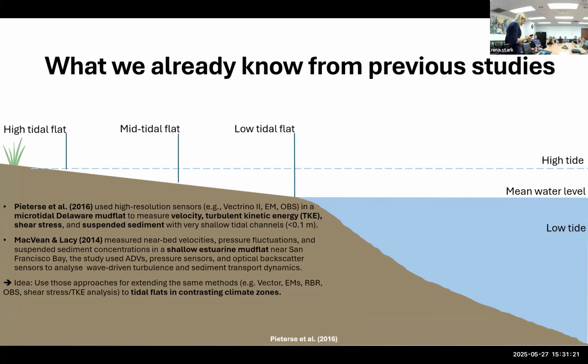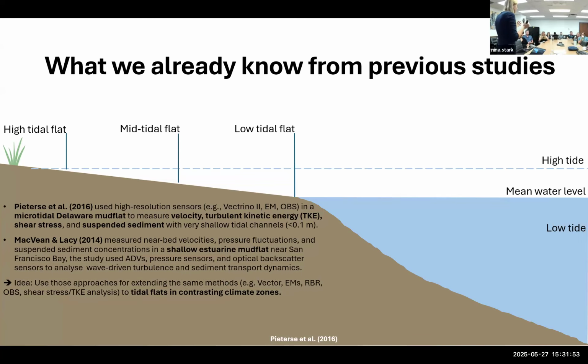There was another study from the USGS team that used ADVs in the field and combined them with other sensors like pressure sensors or optical backscatter sensors. So there are ideas that we could use and work on, and my idea would be to create a rapid assessment tool that you can bring out really easily in the field, maybe without 10,000 cables.